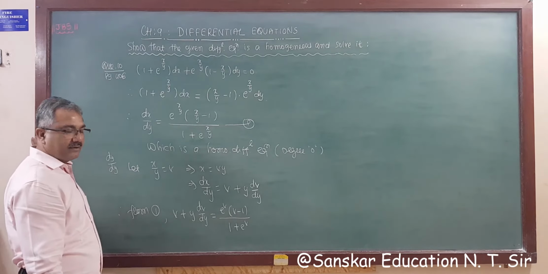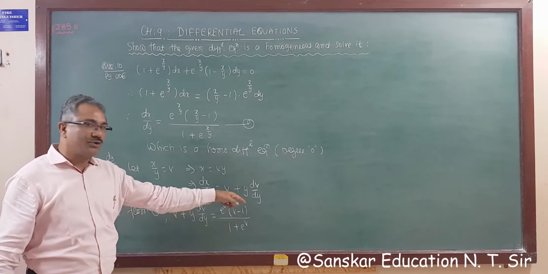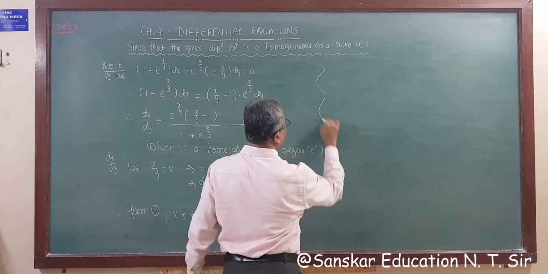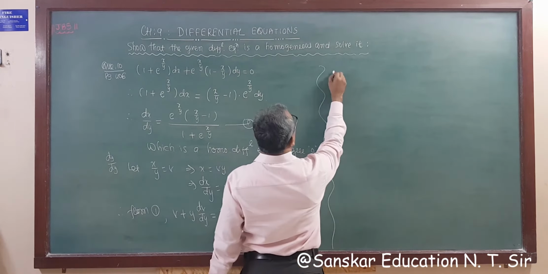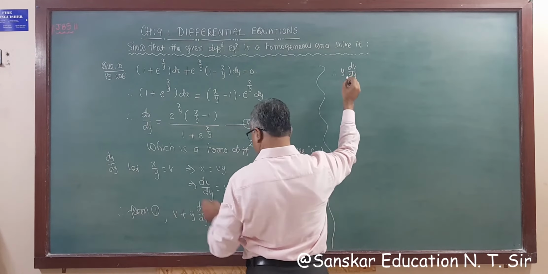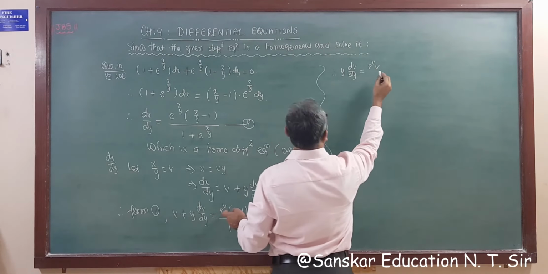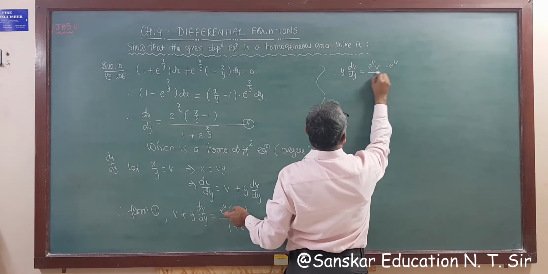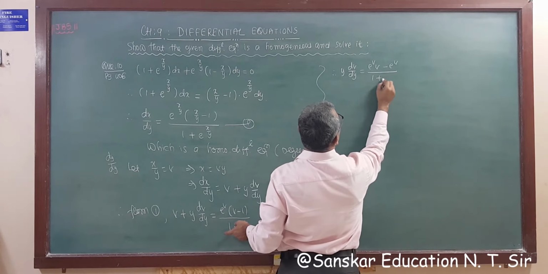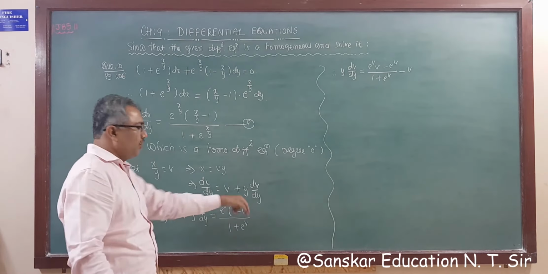This is the answer. Now we have to compulsorily change this into variable separable form. So taking v to the opposite side, we get y dv by dy is equal to e raised to v into v minus e raised to v whole upon 1 plus e raised to v, minus v, right, taking v to the opposite side.